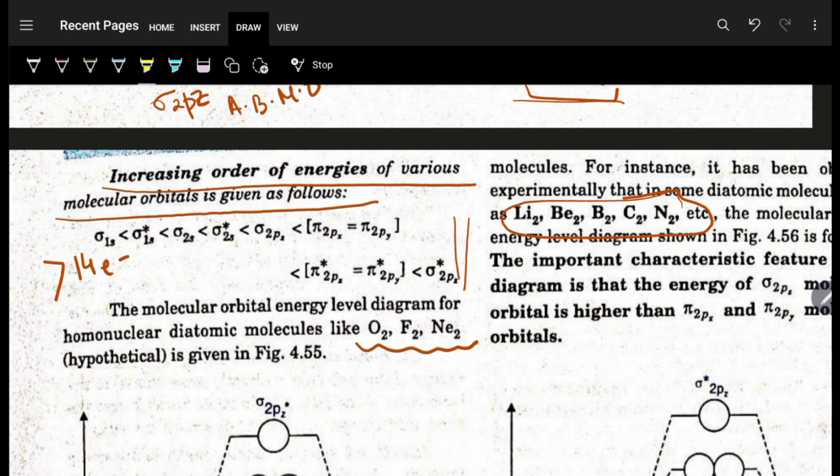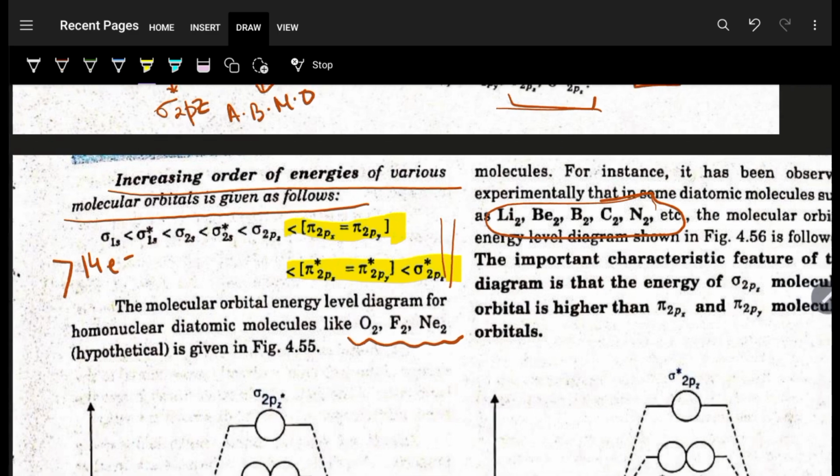Here you can see that after sigma star 2s, there comes sigma 2pz, and there is pi 2px equal to pi 2py, same energy, less than its anti-bonding, and then you have sigma star 2pz.